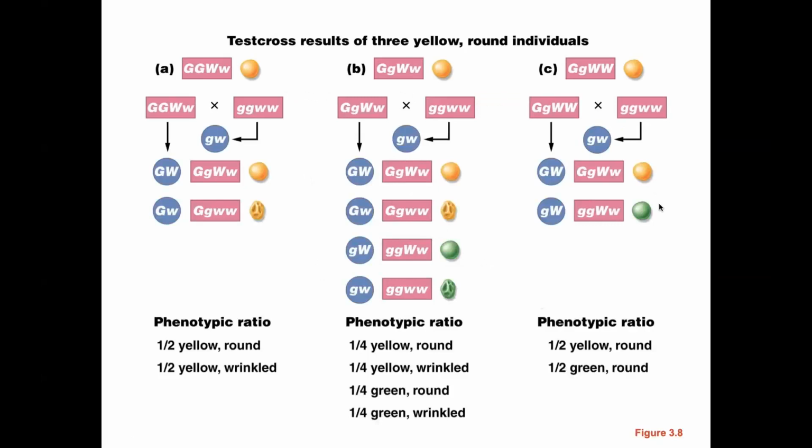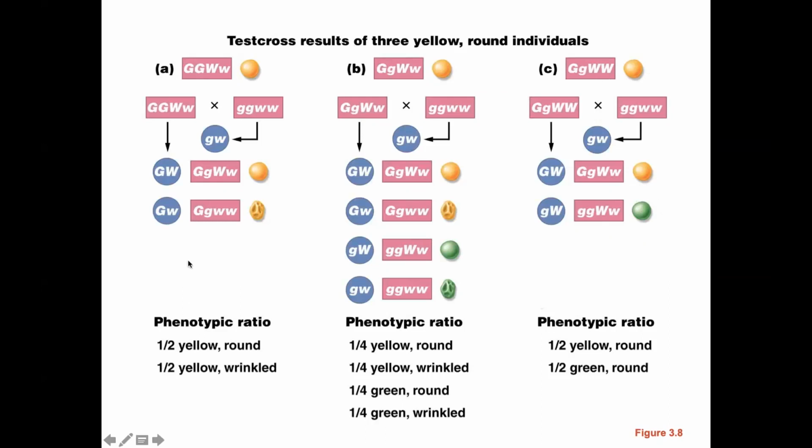The test cross progeny plants all produce round seeds, but they segregate 1:1 for color. So that tells you that you're heterozygous for color, but homozygous dominant for shape. So heterozygous G, homozygous big W. So a different segregation pattern.